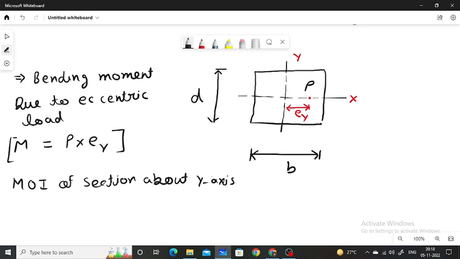So in that case, the moment of inertia will be taken about the y-axis also. In that case, Iy is equal to dB cube by 12.